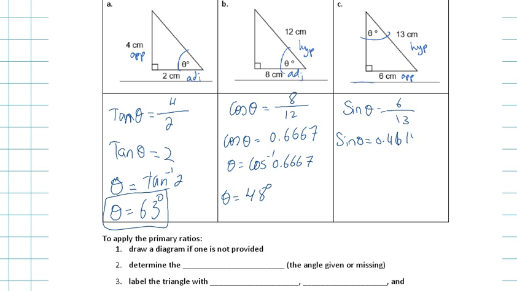So in order to find the angle, you have to take the inverse, then 6 over 13. 27 degrees is the answer.